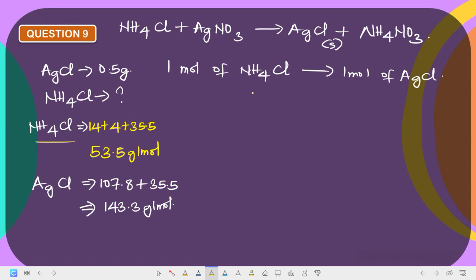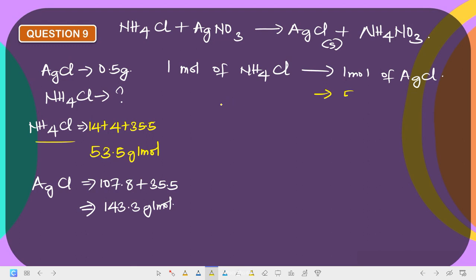Now you are going to come here and say 1 mole of this gave 1 mole of silver chloride. Therefore, 1 mole has a mass of what? 143.3 gram. So we now say, sorry, not ammonium chloride. Ammonium chloride is 53.5.